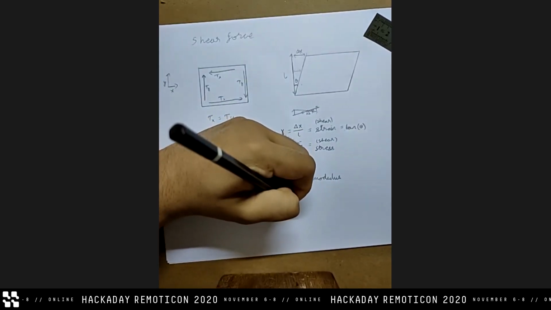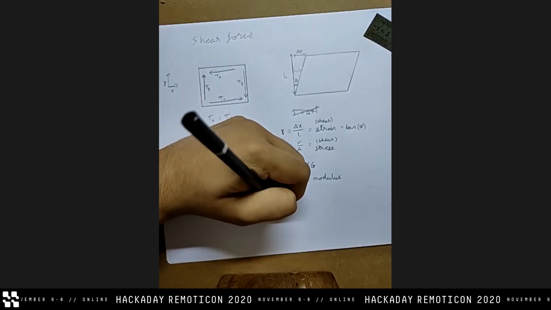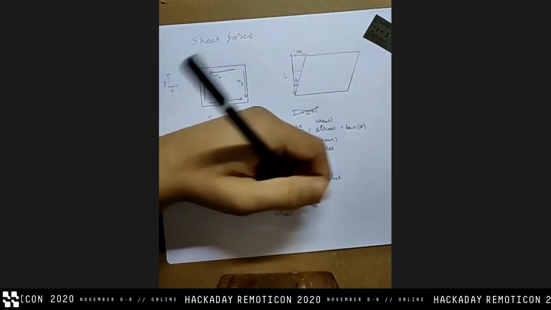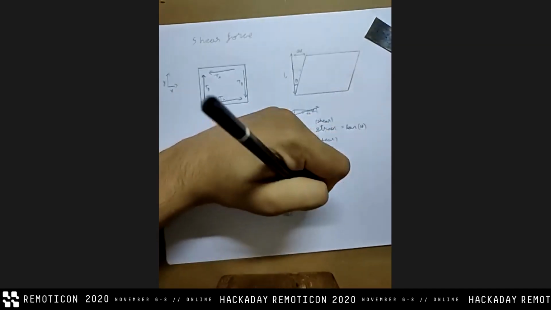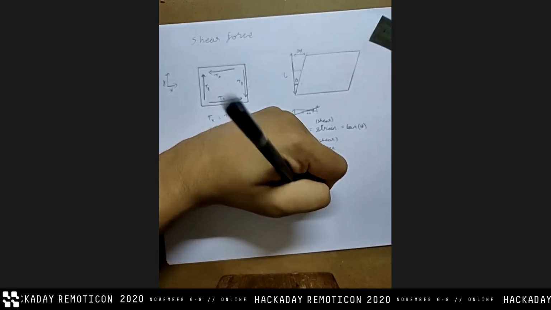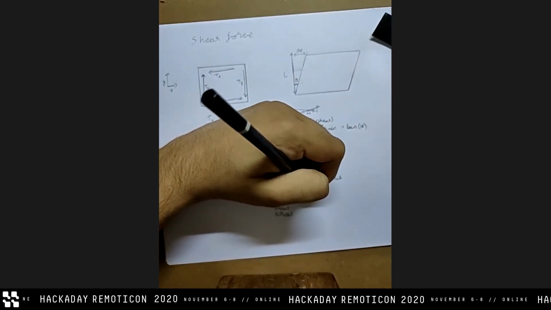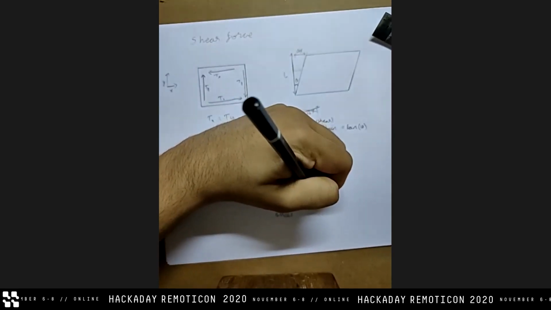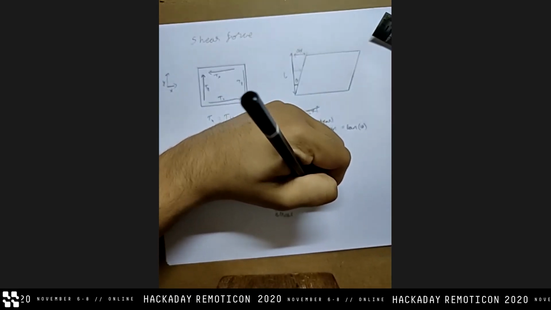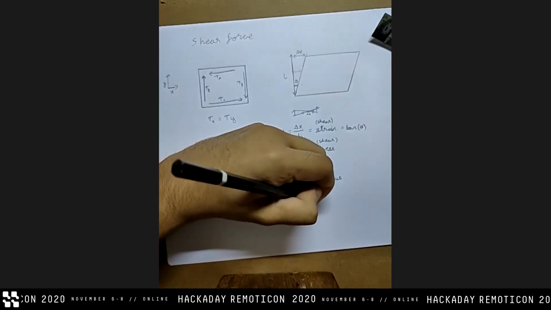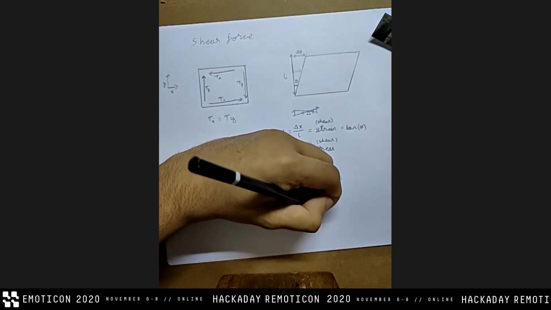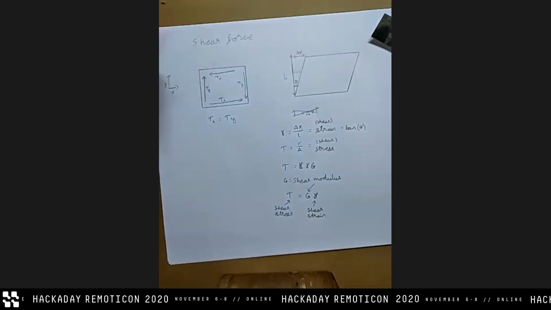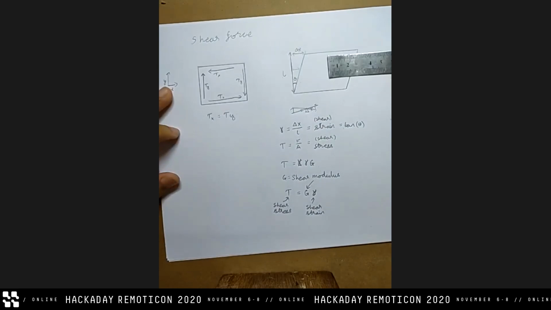So tau, which is shear stress, is equal to... so this is your relationship.